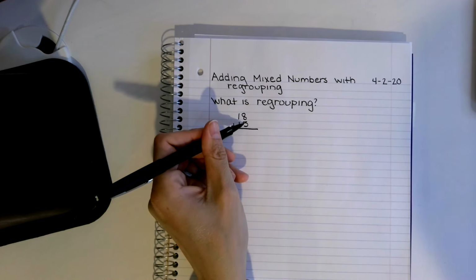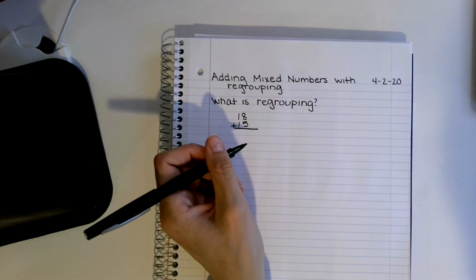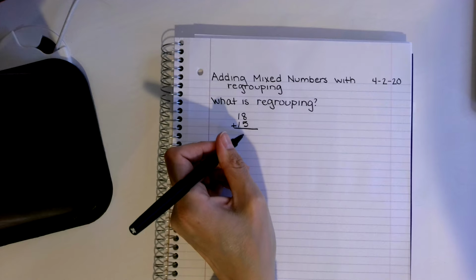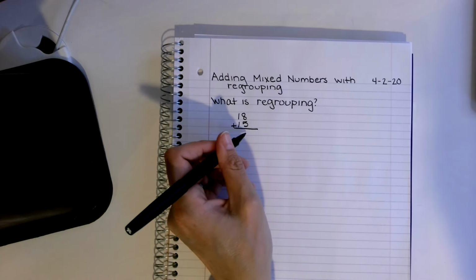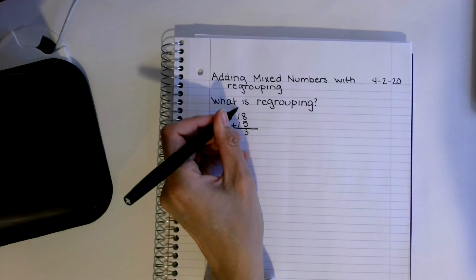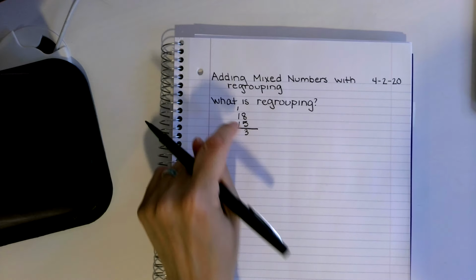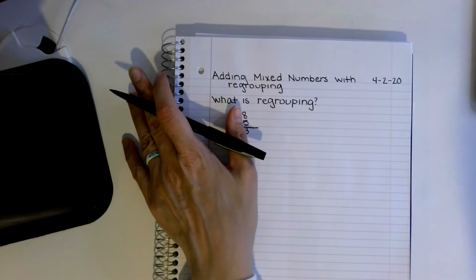So you would do 5 plus 8. This is what you have in the ones. 5 plus 8 would be 13. Well, you're not going to write 13 right here. You're going to write 3 down here, and you're going to add that group of 10 from the 13 over to the 10 side. So you're regrouping how much you have in the ones.